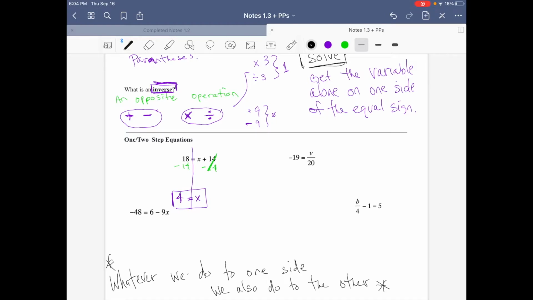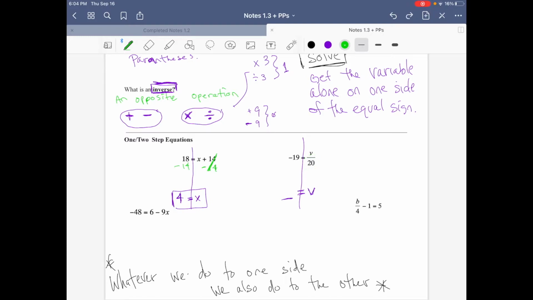So let's take a look at this next one up here. I've got my variable, and my variable is on the right-hand side. So if I wanted my variable to be alone, right, if I wanted it to look like this, v equals something, I'm going to have to get rid of this divide by 20.